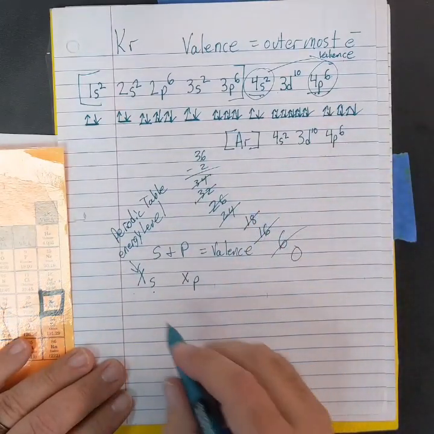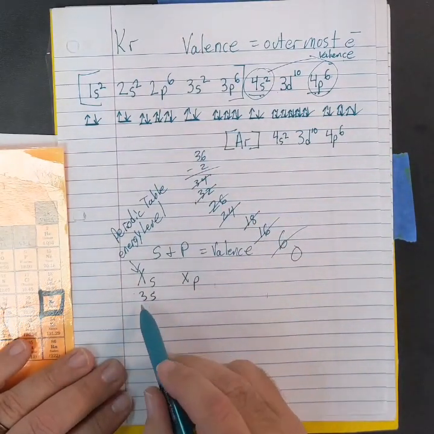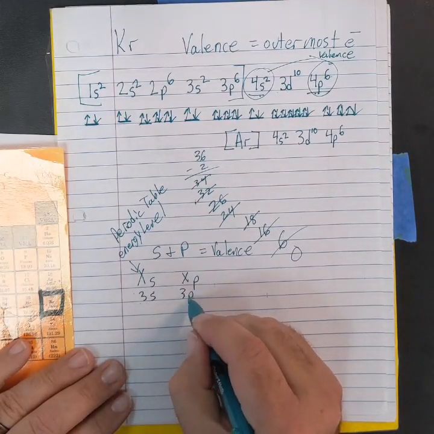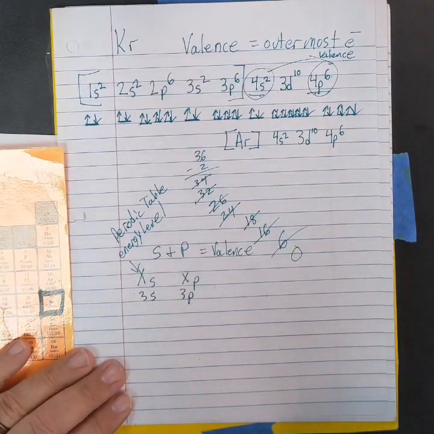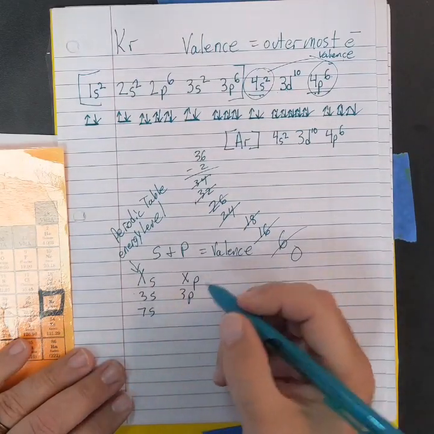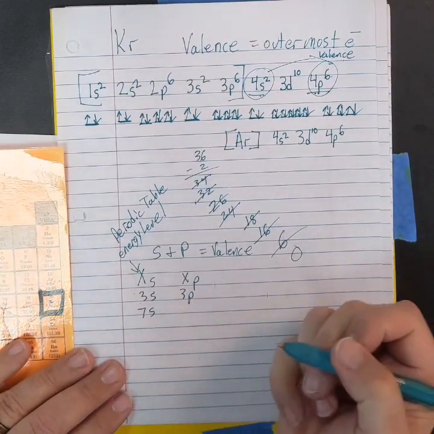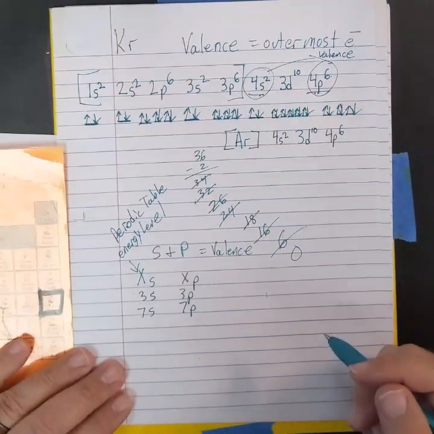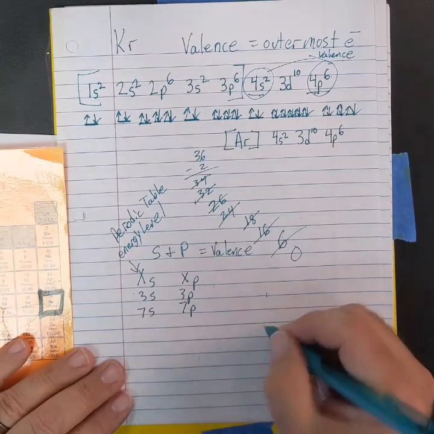Okay? So like if this was 3s, then we're talking about the third period of the periodic table. If it was 3p, that would be the third period of the periodic table. All right, if it was 7s, that's the seventh period of the periodic table. If it was 7p, that would be the seventh energy level.